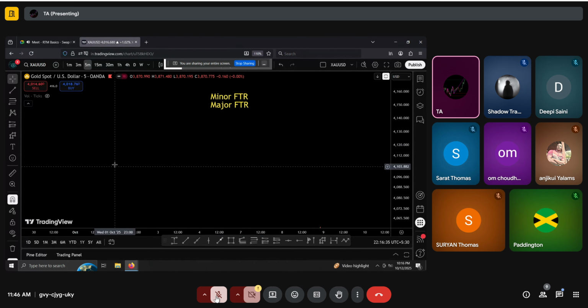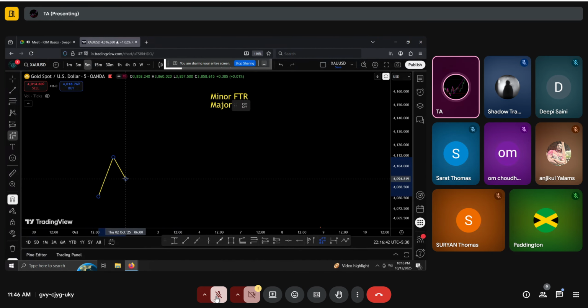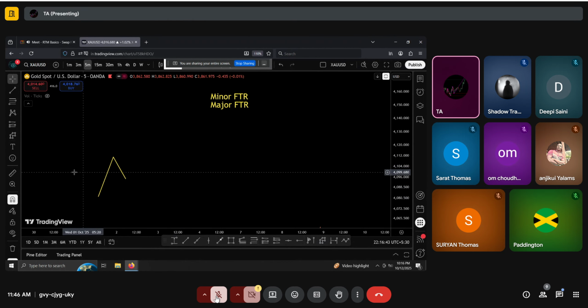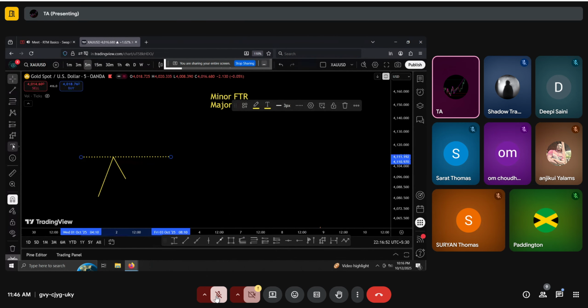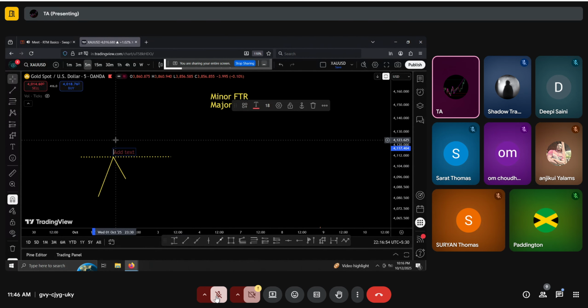Okay. So when price goes up, goes back, this means there is some resistance. We draw the resistance line here. Resistance is here. That's why price came down.